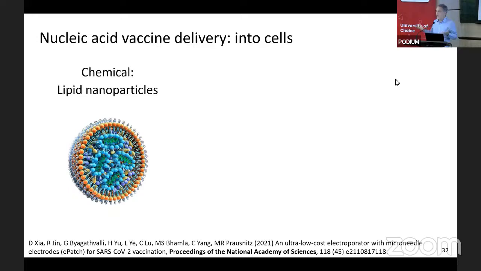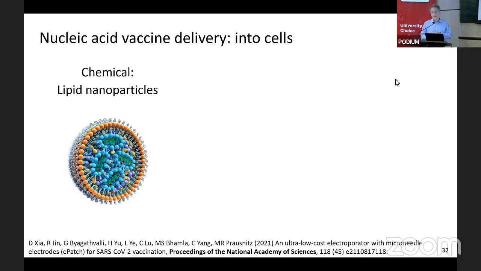So if we think about how DNA and RNA are administered, the best known method worldwide these days is the lipid nanoparticle. Pretty much everyone has heard of it, not just scientists, as a way of getting mRNA to be effectively delivered. But lipid nanoparticles really have some limitations. The lipids are expensive. The microfluidic-based manufacturing is expensive and complicated to do.